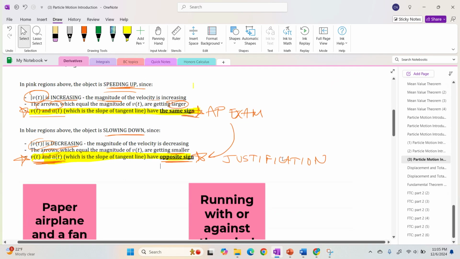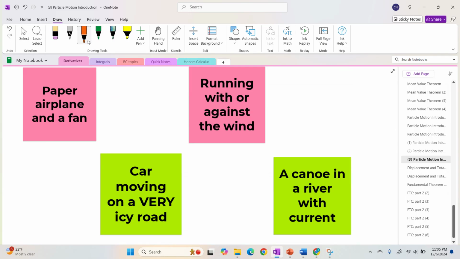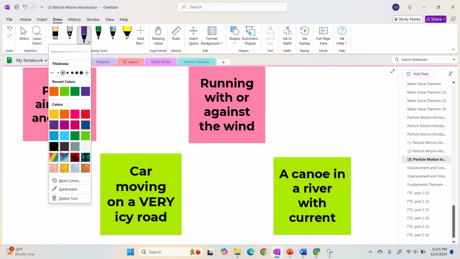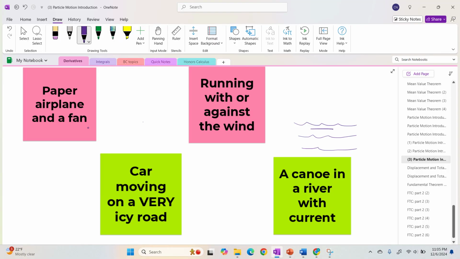To help you remember that, there's a couple scenarios you can think of. I'll go through a couple of these. I kind of like the canoe with a river current. So let's say you're in a river, and here's my boat. And let's say the current is moving to the right. What you want to think about is acceleration is like the force acting on you, and velocity is more like your movement.